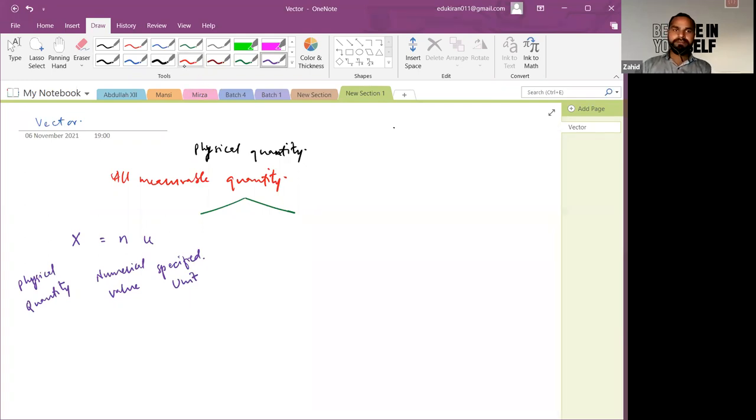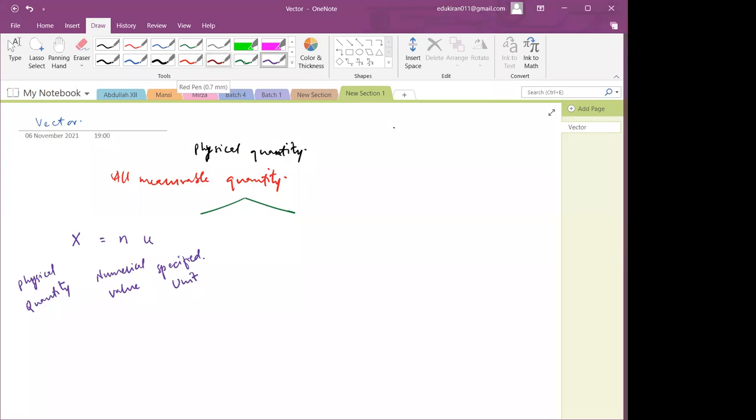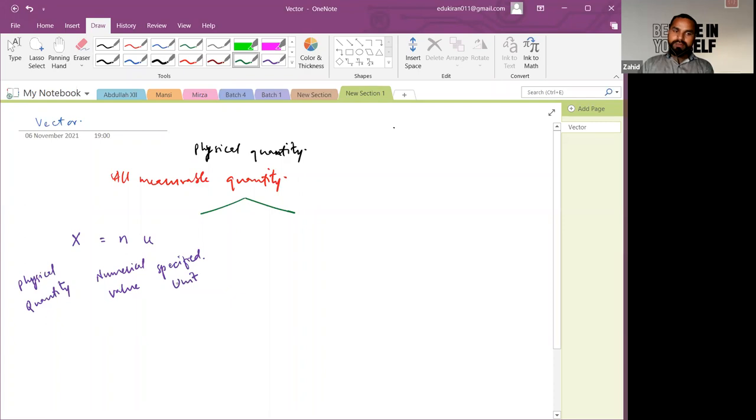Is it clear? Yes, sir. Okay. Now this numerical value and specified unit in combination will define nothing but the magnitude of that particular given quantity.